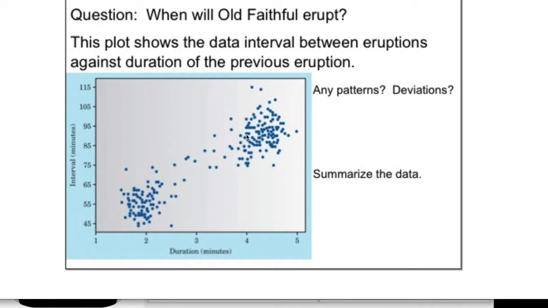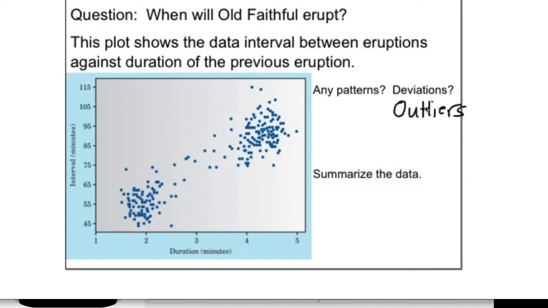One thing I do want to talk about on this page is these deviations. So deviations is just another word for outliers. Are there any outliers in our data set? When we're just looking at data where we don't actually have it in front of us, remember from Chapter 3, we learned how to calculate an outlier, but in this case we don't have the information to calculate it.